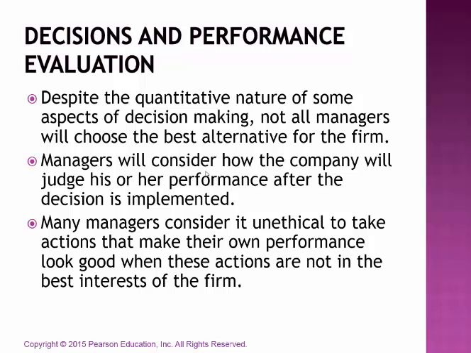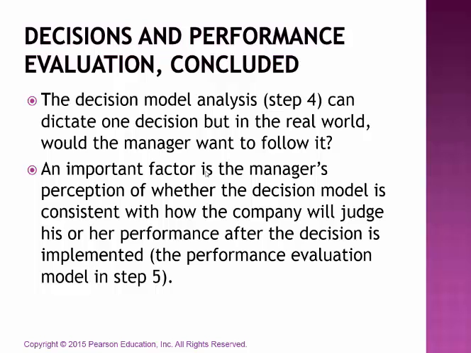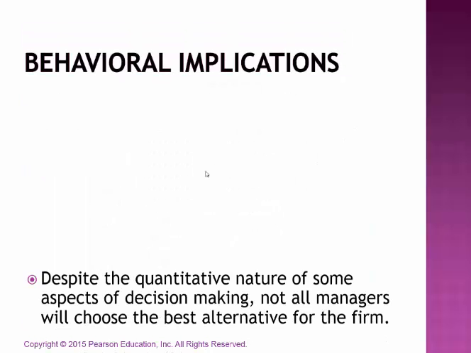So when you guys are helping management with employee performance and evaluation and setting up metrics, think of the underlying calculations and the effects and also the decision authority that some of these managers have. So consider these things. We have the step 4 in the decision model, and it can dictate one decision, but in the real world, would the manager want to follow it or not? Again, look at how they're going to be evaluated.